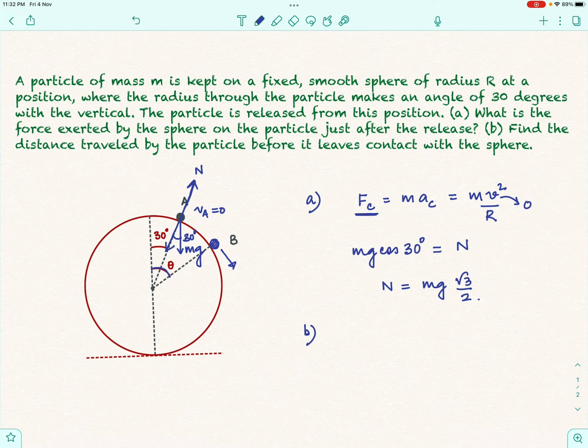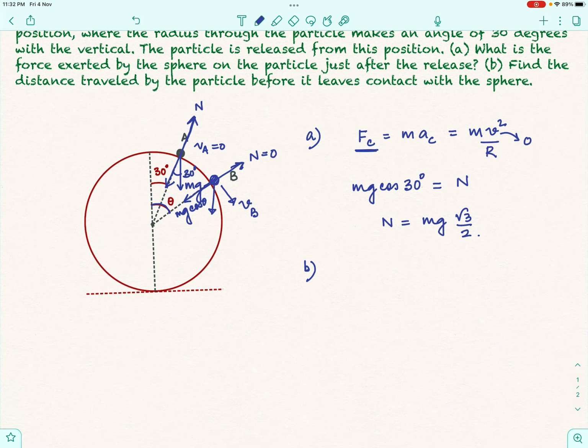First, we can find the speed that the particle gains at the position B by using the law of conservation of energy. And once we get the speed, we can use the same formula for the force along the radial direction, N outward and mg cos theta inward, and this time since the body is leaving contact, N will go to 0 at the position B.